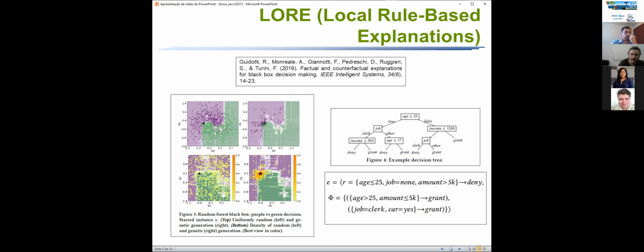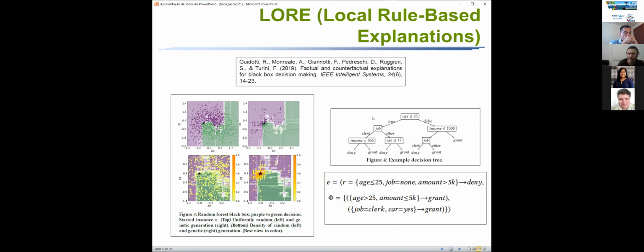Then LORE gets the artificial data set generated by the genetic algorithm and trains a decision tree, and then uses this decision tree to explain the instance.